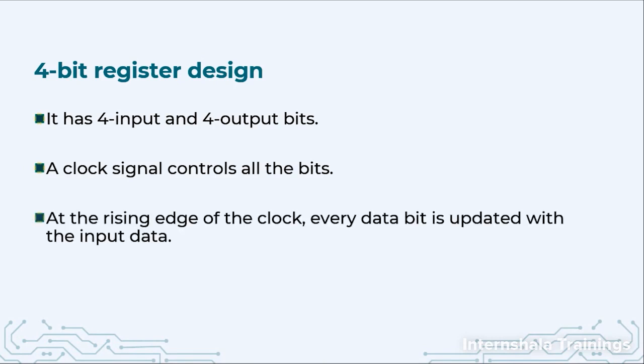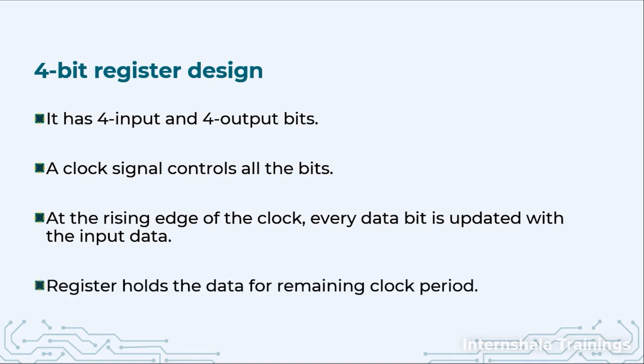Whenever we receive the rising edge of the clock, the data on every bit will be updated. Either all of them will be retained at the same value or a new value will be loaded into all the bits. So the register will hold the data, and until the clock arrives, it will retain it and wait for the next rising or falling edge.